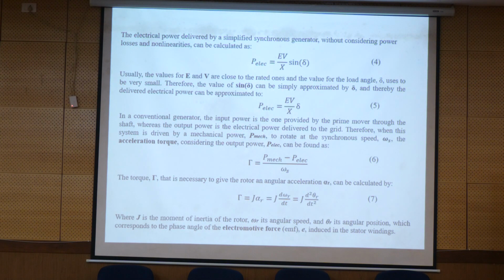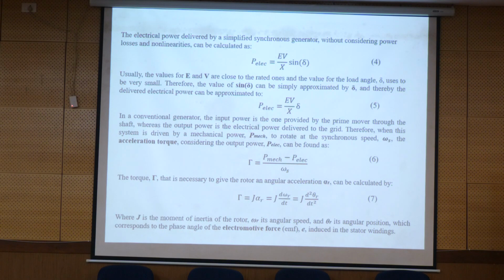For example, if delta is 1 degree, then instead of sine 1, we put pi over 180.